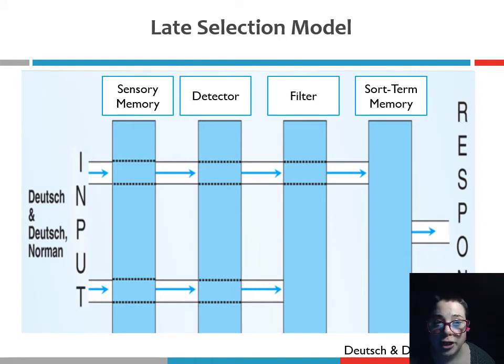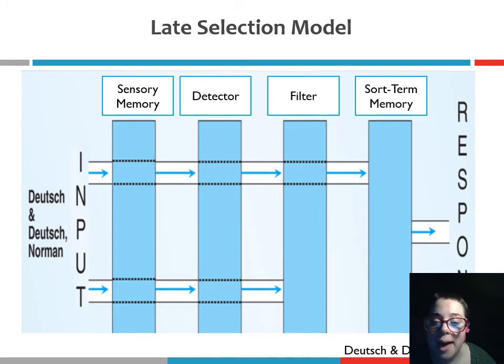So after the information has been briefly registered in sensory memory and then moved to the detector where it's processed for meaning, then we're going to filter out the information in the unattended channel.